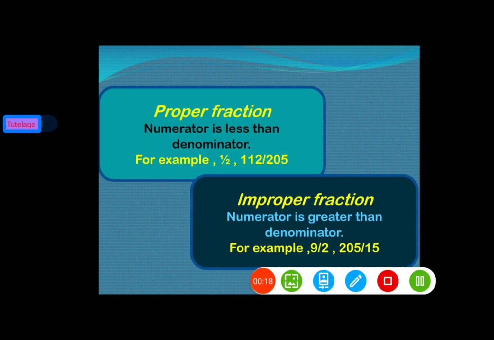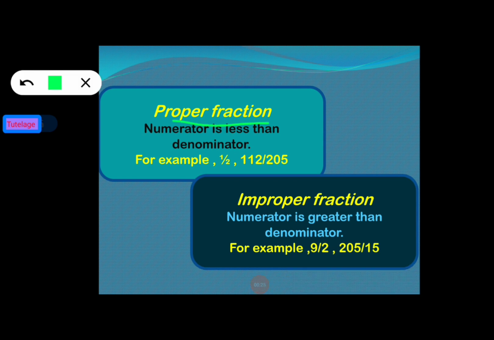Here we can see the first and second types of fraction, that is proper and improper fraction. At first we have to know what we mean by a proper fraction.